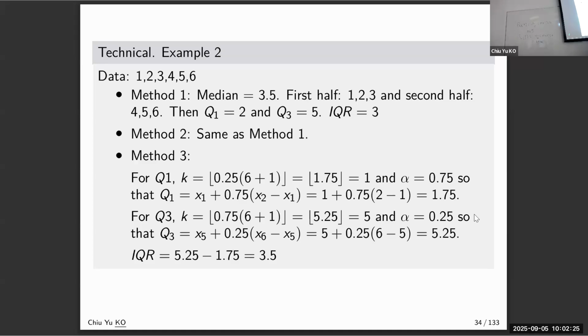Maybe I'll write it down for you to see because it looks a little tricky. Q1 is 1/4 of n plus 1, which is 6 plus 1 data.